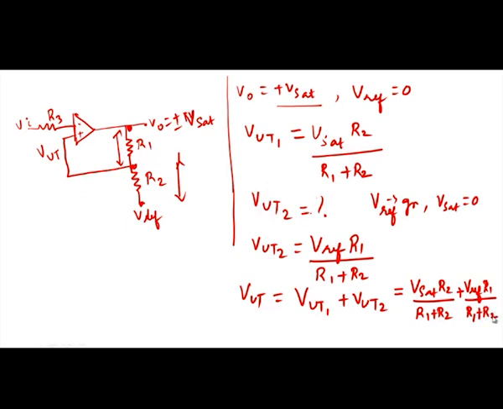So, this is the upper threshold voltage when the V output, that is the output of the comparator, is plus V saturation. If the output is plus V saturation, what happens if the output is minus V saturation?